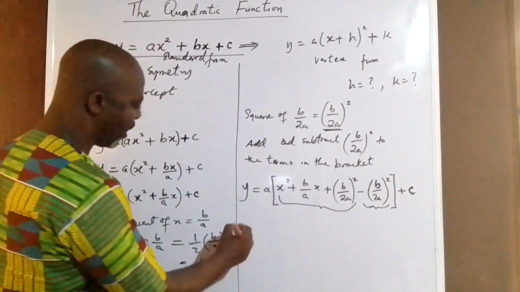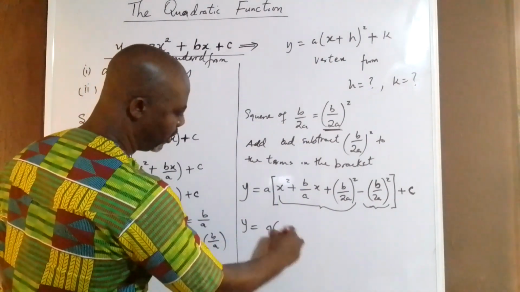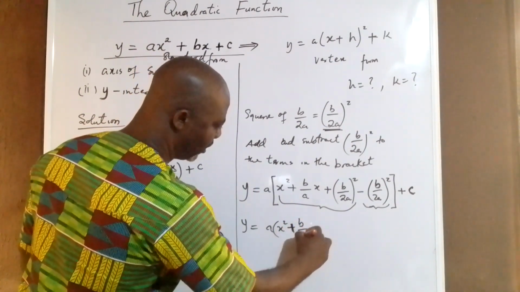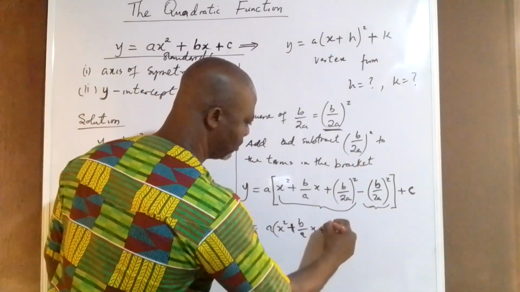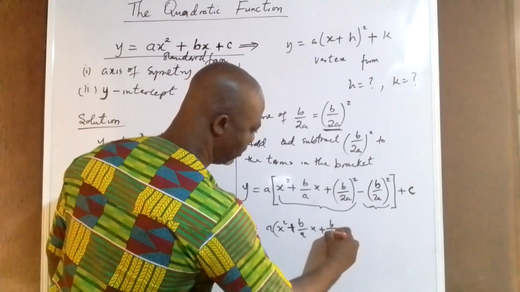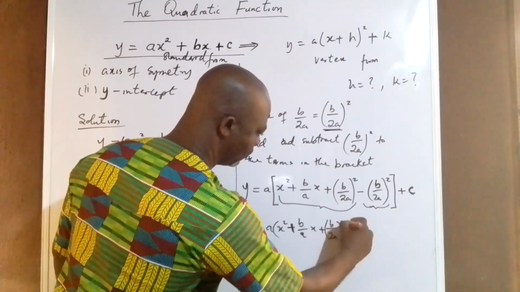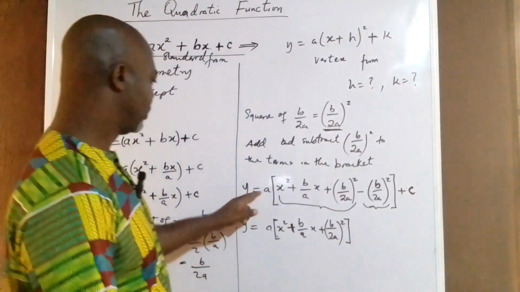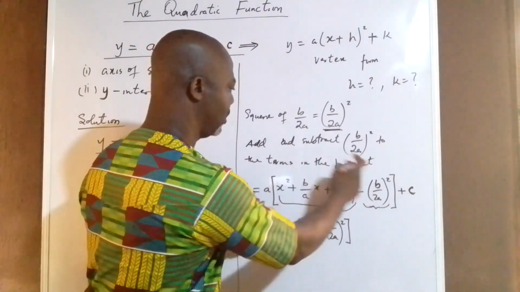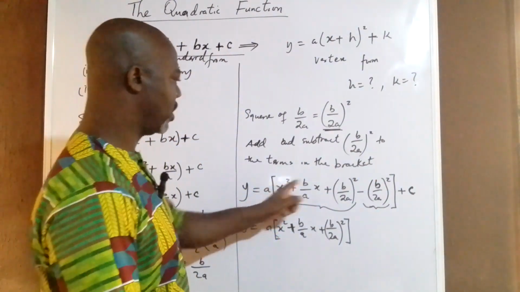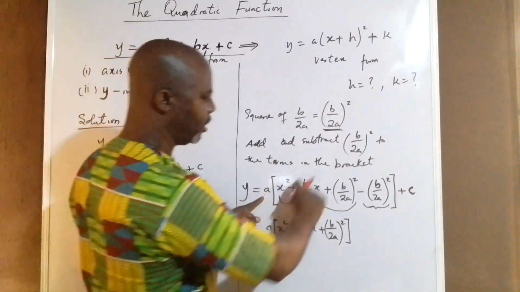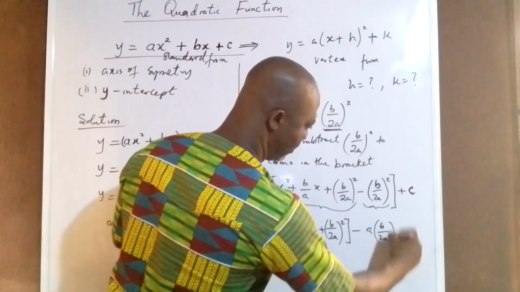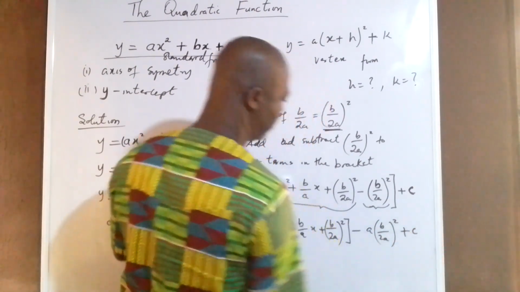Once we do that, we are going to have y equal to a times x squared plus b over a x plus b over 2a squared. I'm going to still maintain that square bracket. Use the a to multiply this particular term that has square, and then of course use the same a to multiply minus b over 2a squared, then of course plus c.